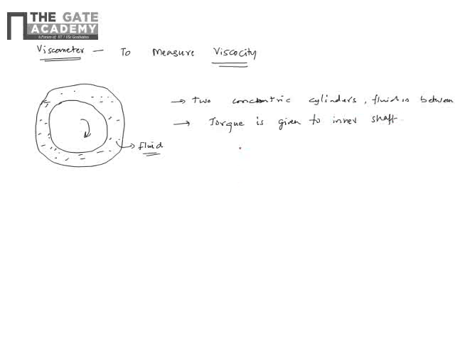If you take the inner shaft and give it torque, because of the fluid present, the fluid will exert resistance opposite to the motion of the shaft. Let me draw the outer cylinder also, which is stationary.